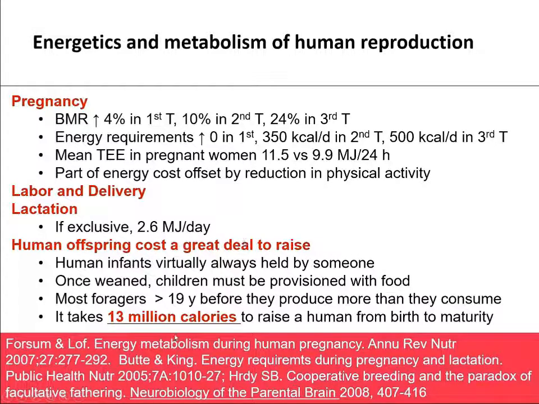We also know that it takes a lot of energy to raise humans. And these are fun facts, but typically it's about 13 million calories to raise a human from birth to maturity. So these calories have to be either obtained from the environment or supplied in some way. And we think that's one of the reasons that women are so sensitive to energy supply.